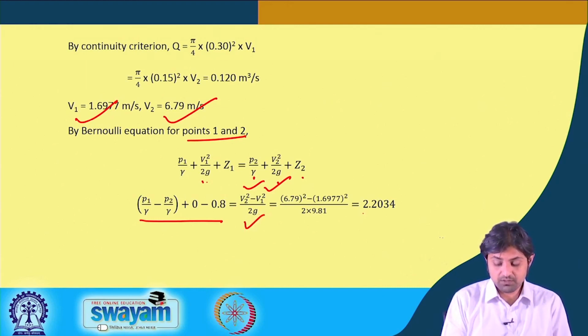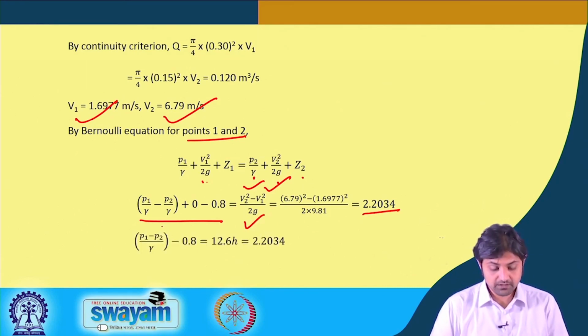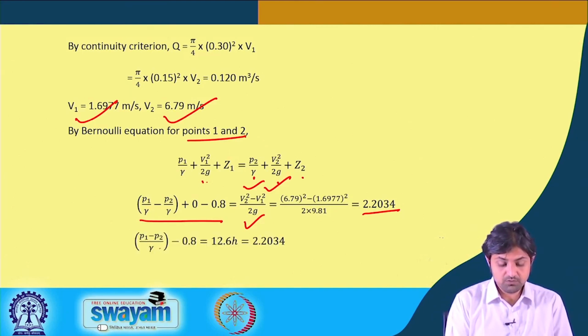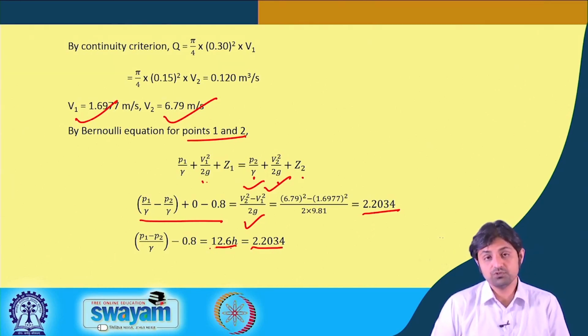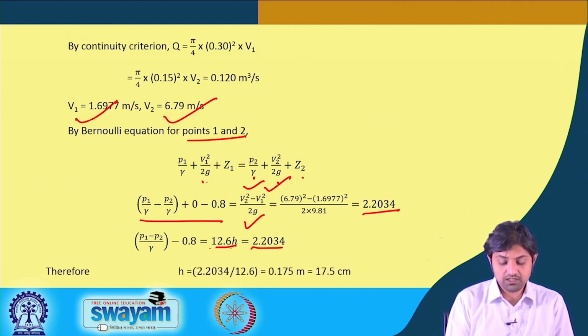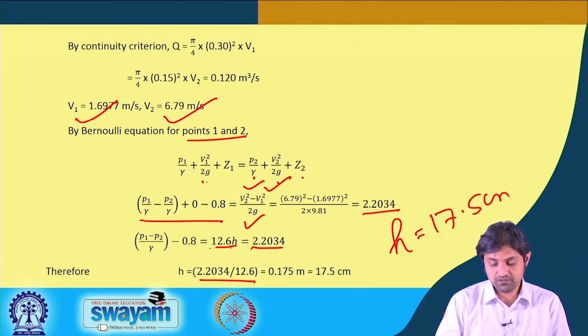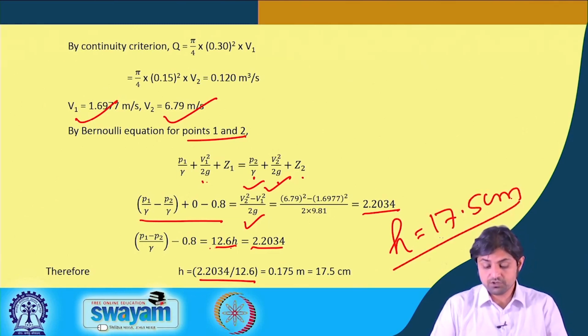This comes to 2.2034. So P1 minus P2 by gamma minus 0.8 is also equal to 12.6 H, and that is also equal to 2.2034. Therefore H is 2.2034 divided by 12.6, and that gives H equal to 17.5 centimeters.